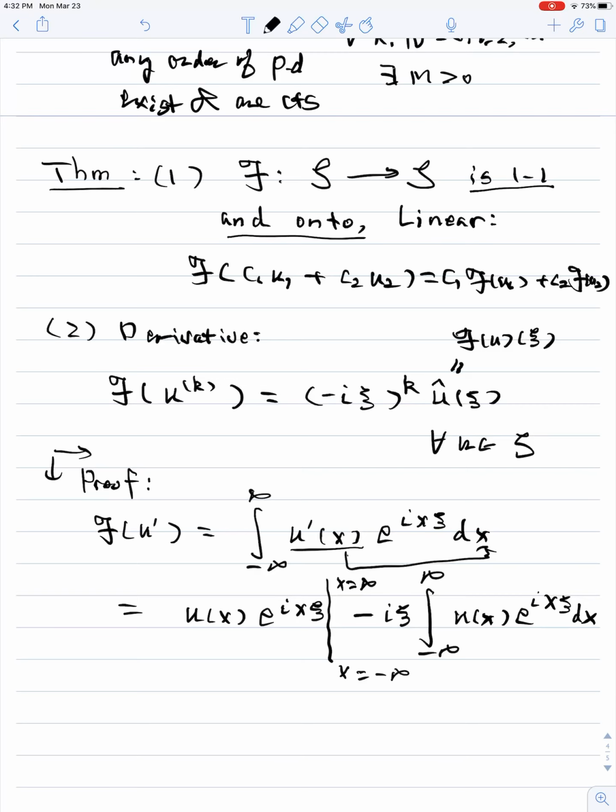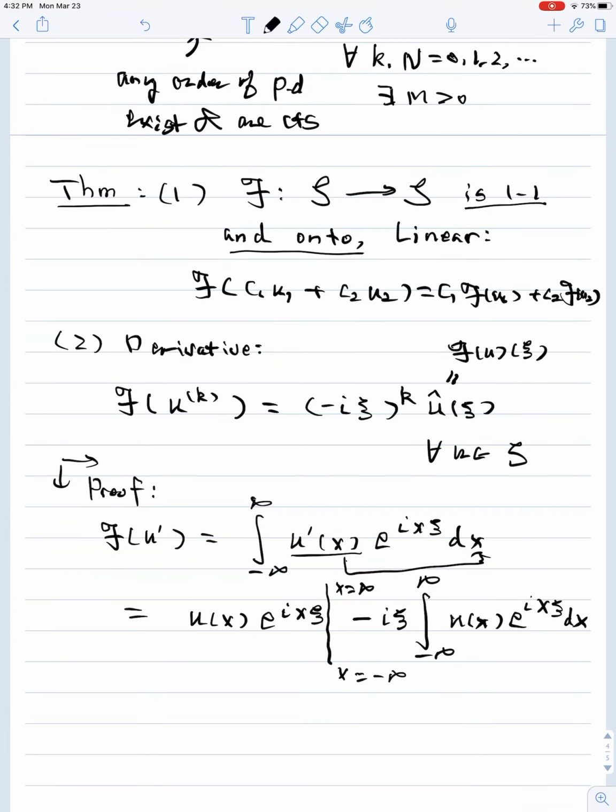Here we use the fact that for a function in the Schwartz class, u(x) goes to 0 as x goes to positive or negative infinity, so this term is 0.